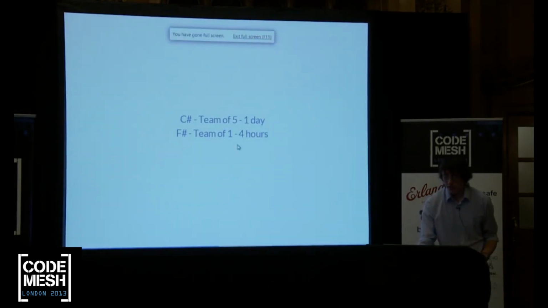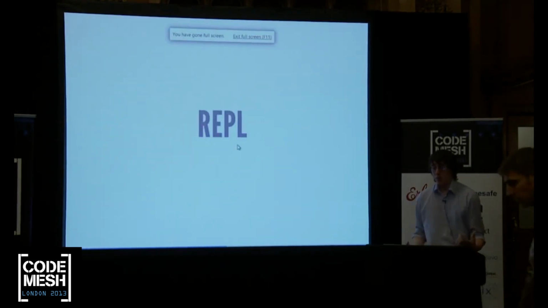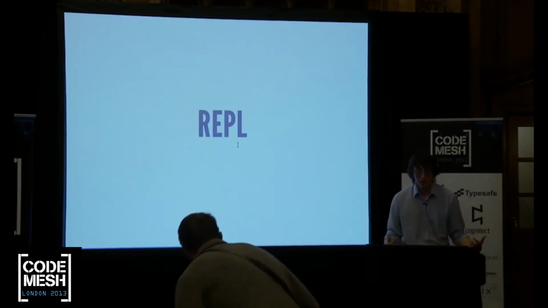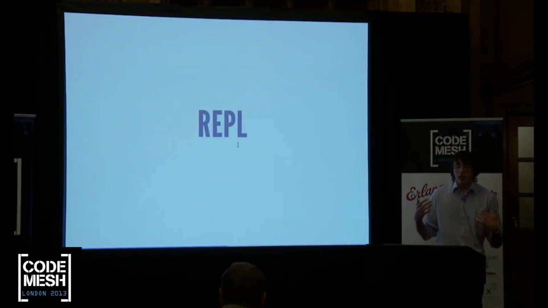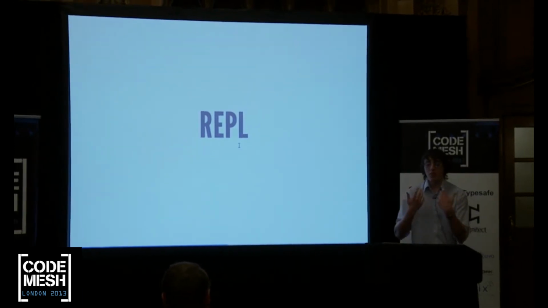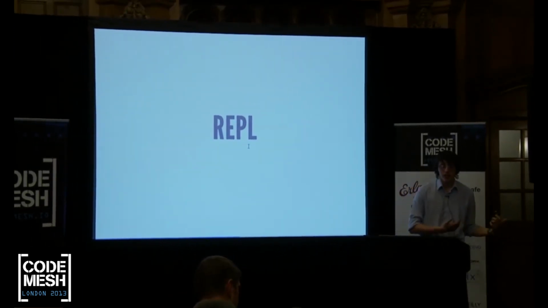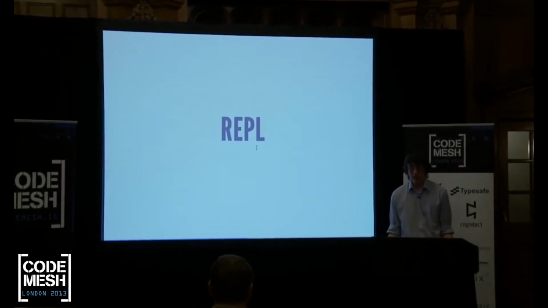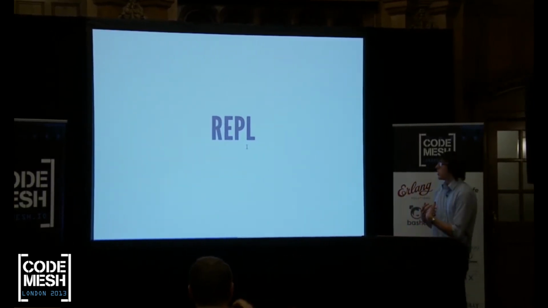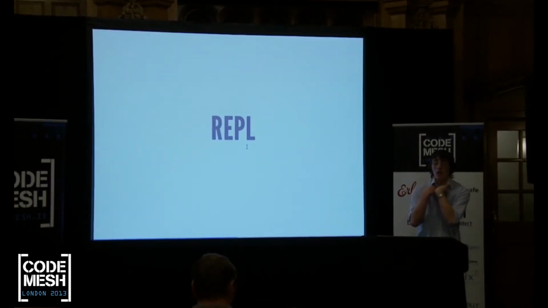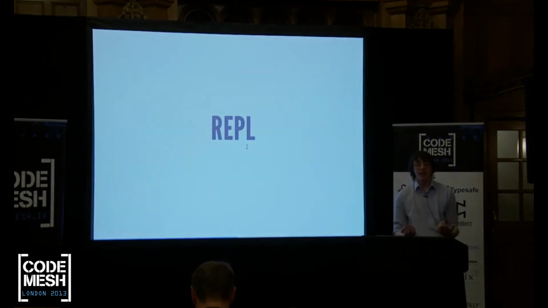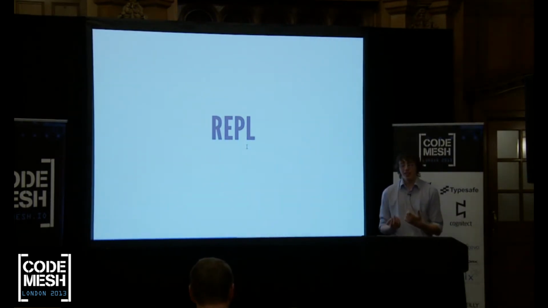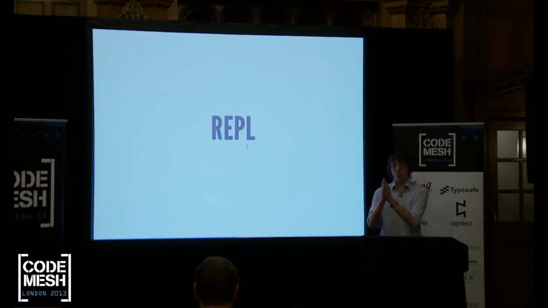So, next feature. REPL: read, eval, print, loop. Essentially, whilst F# is a compiled language, you do get interactive elements with it as well. So imagine you're making a level for a game, and it's a platformer game. And I've got a platform which I can't quite reach.